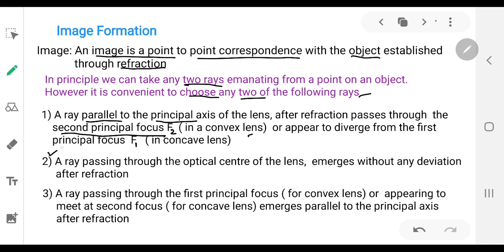The second one is a ray passing through the optic center of the lens. It emerges without any deviation, in the same direction. The third ray is the inverse of the first one: a ray passing through the first principal focus for a convex lens, or appearing to meet at the second focus. They emerge parallel to the principal axis after refraction.